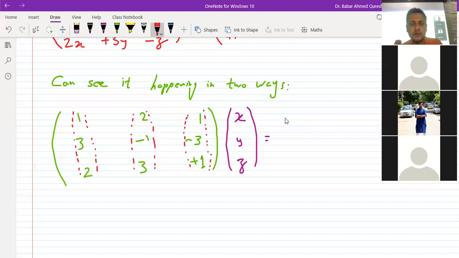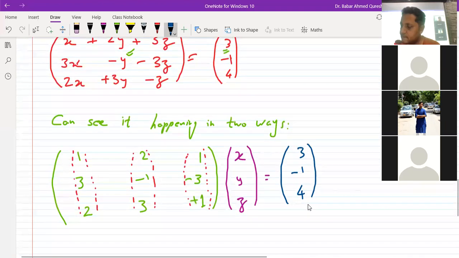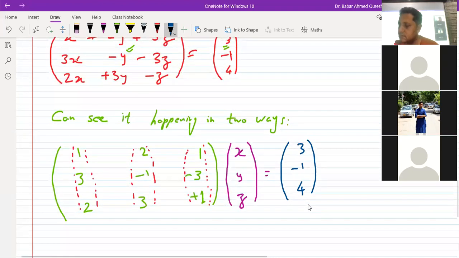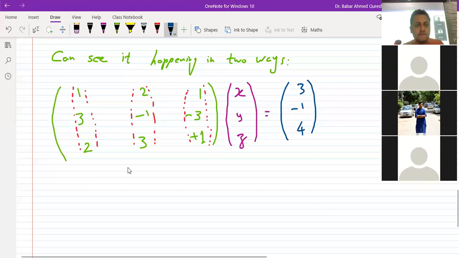And on the other side, I had whatever I had. So I can think of that getting back those equations in 2 ways.